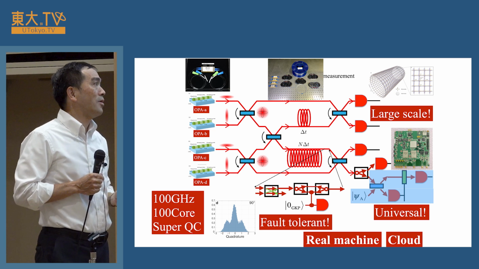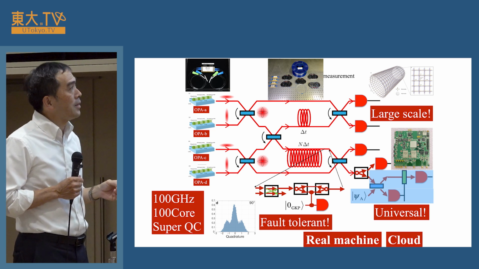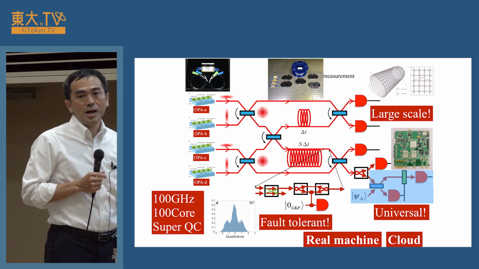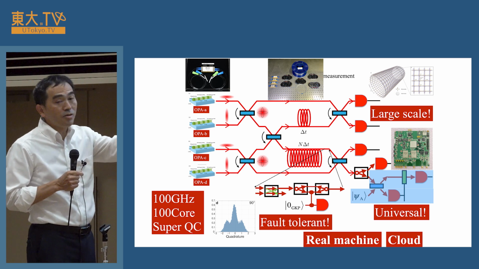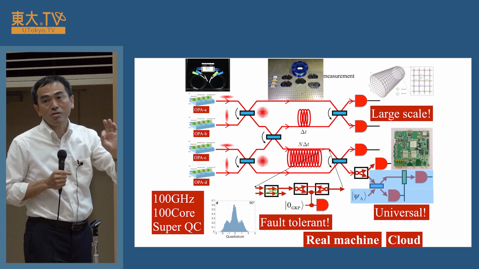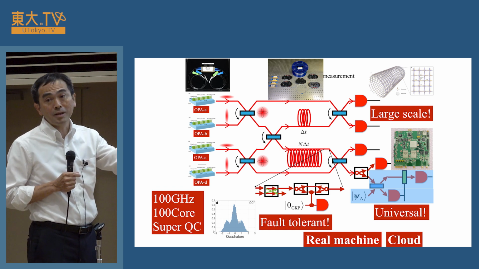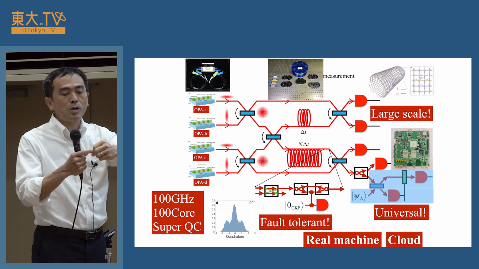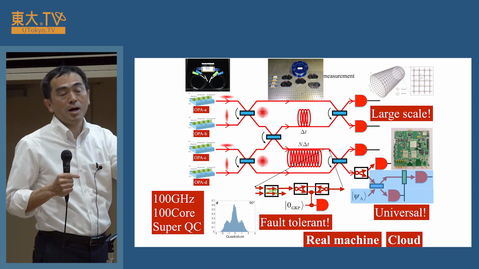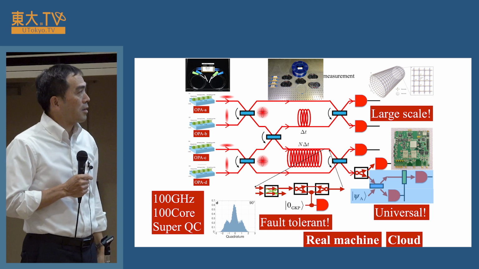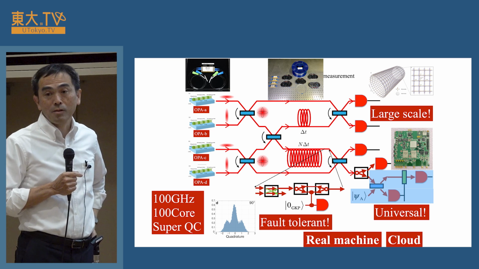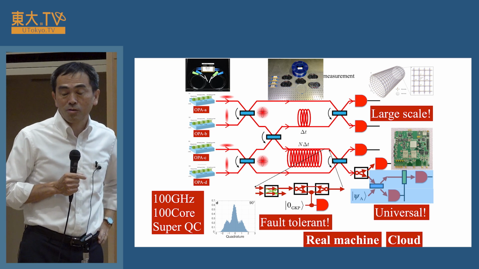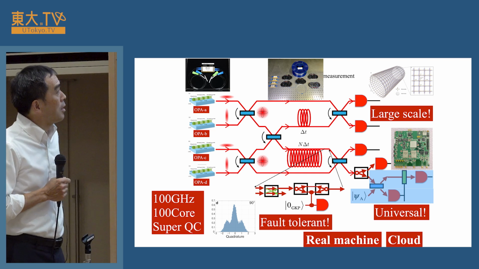And also, it is universal. And it is fault tolerant. And these dots correspond to qubit. And these between dots correspond to entanglement. So it is very large scale quantum computer.